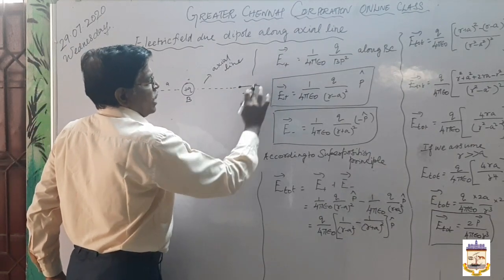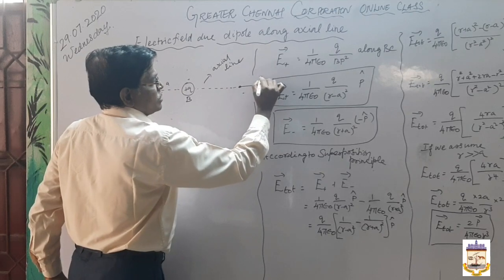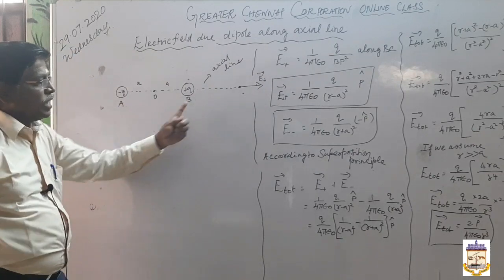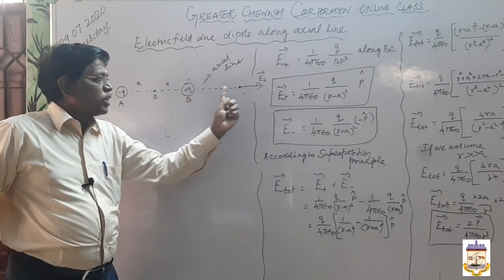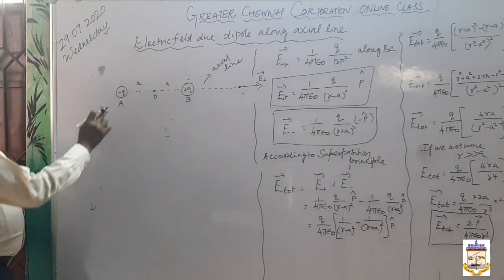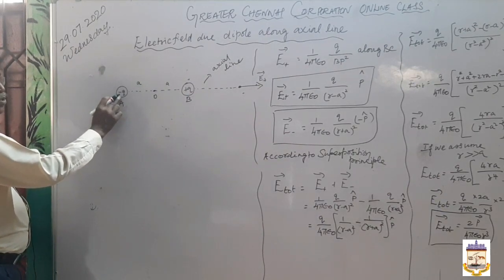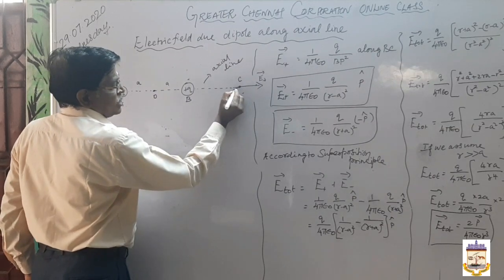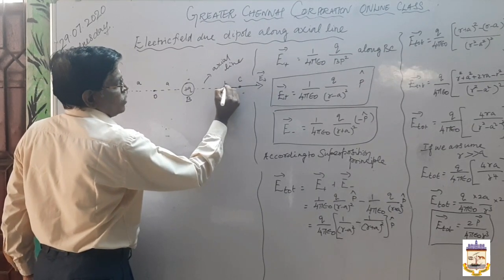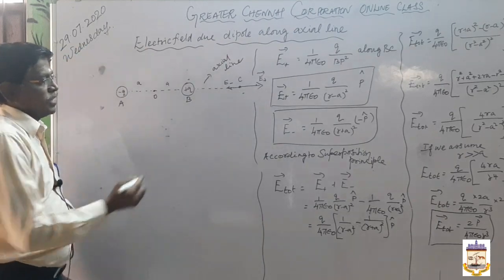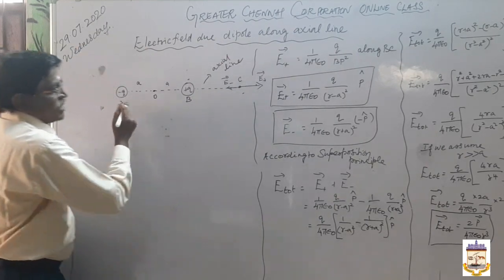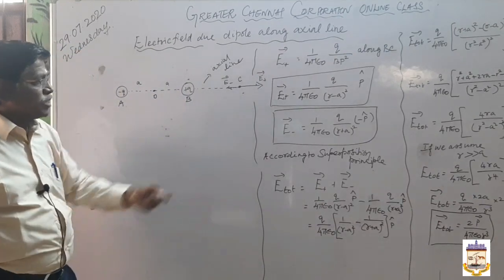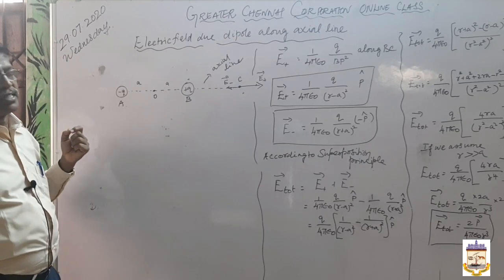So, this will be acting in this direction, that is the E plus vector, the electric field due to the positive charge. Now, this minus q also gives some electric field at this point C. The electric field due to the minus charge will be acting along this direction, because it is towards minus, E minus. So, E plus is acting in this direction, E minus is acting in this direction.